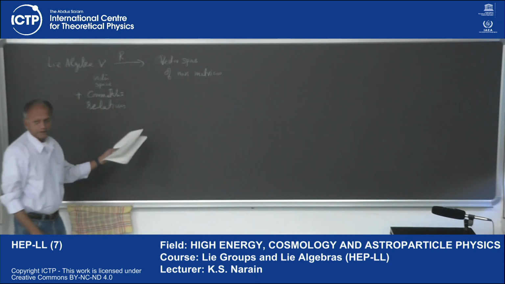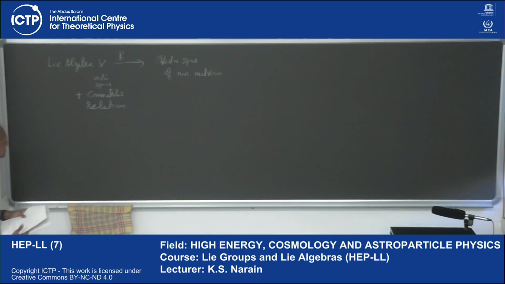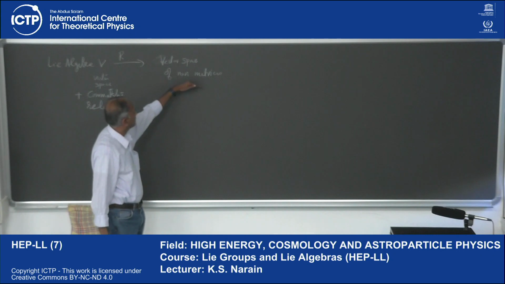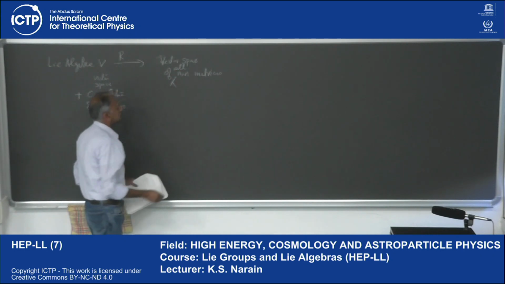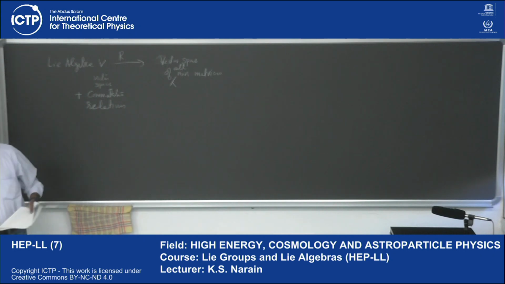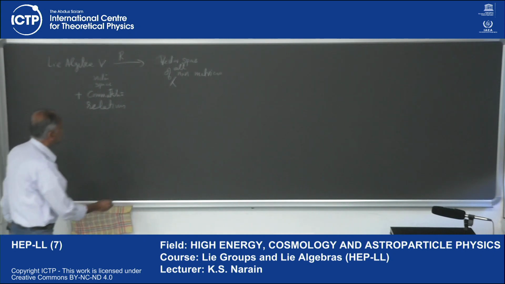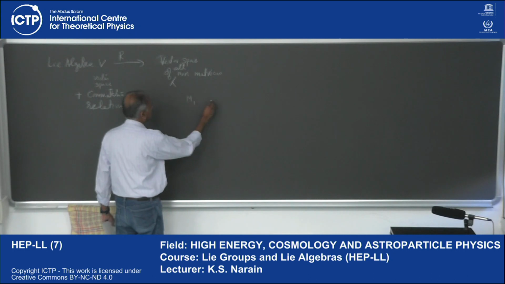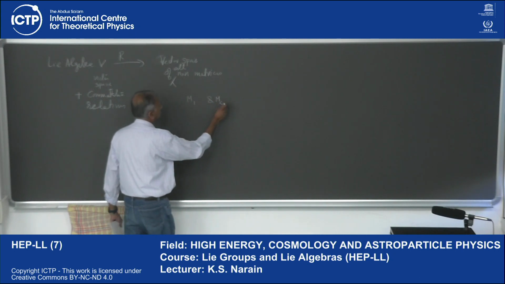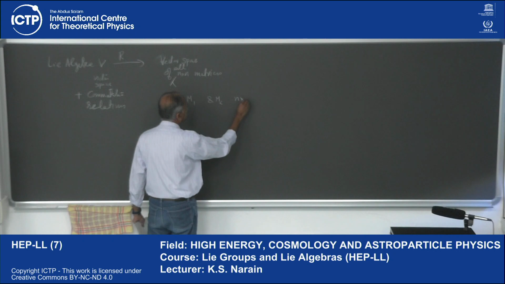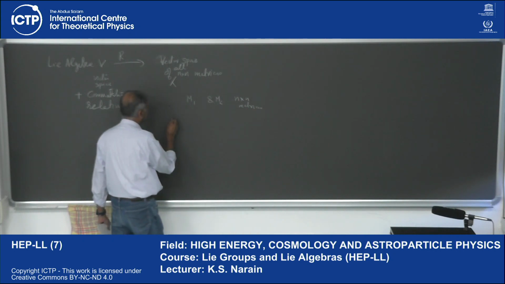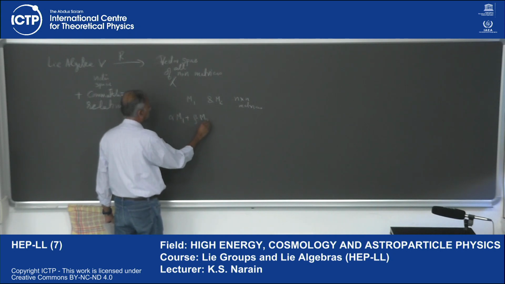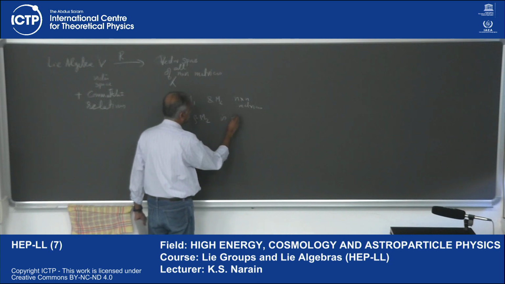Right? I mean, you all know, of course, I didn't mention it, that the space of all n cross n matrices forms a vector space, right? Because if suppose M1 and M2 are two n cross n matrices, then clearly any number alpha M1 plus beta M2 is also an n cross n matrix.